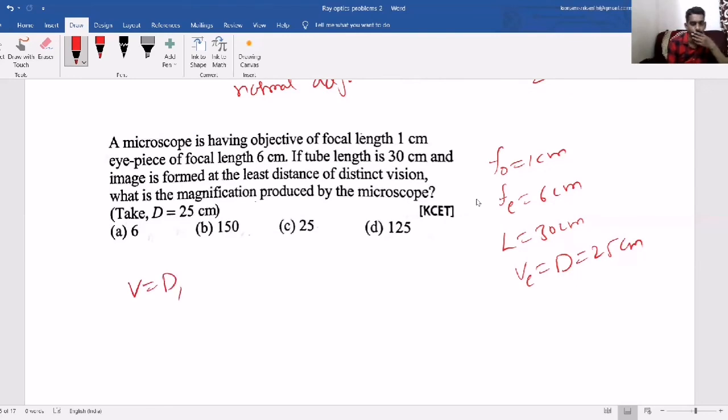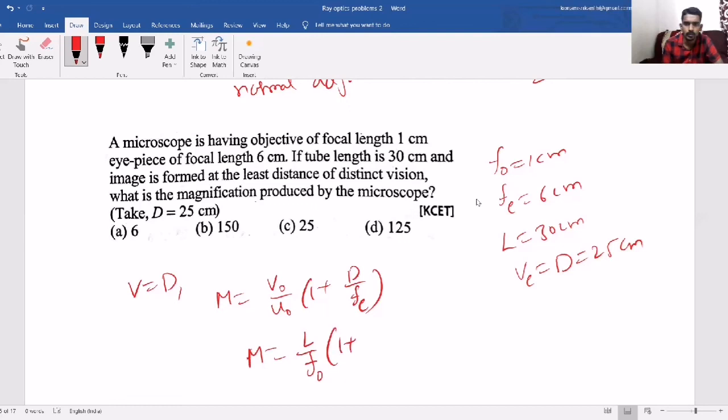So if V equals D, what is the magnification they are asking? How do you find it? The magnification formula is V naught by U naught into 1 plus D by Fe. This is the formula for magnification of a compound microscope. But when the length is given, an approximate formula is used, that is L by F naught into 1 plus D by Fe.